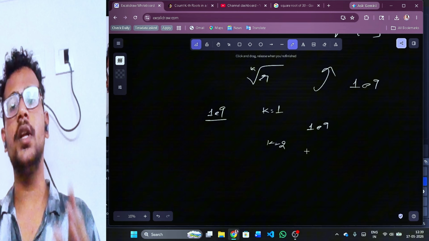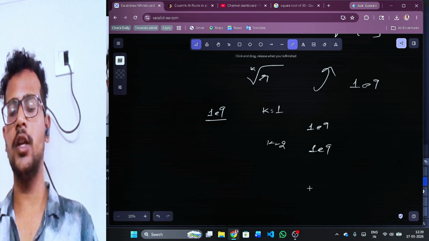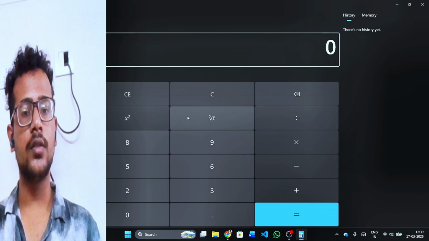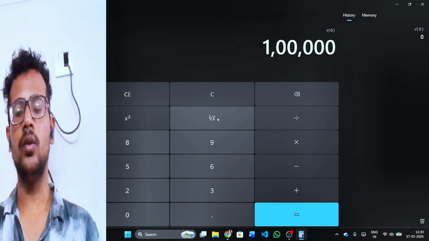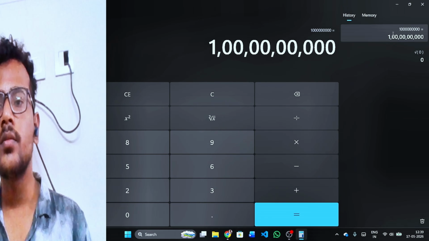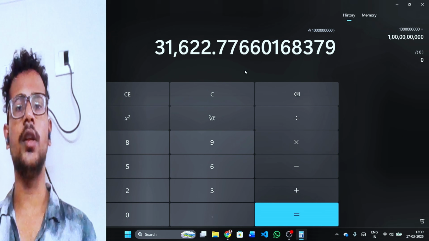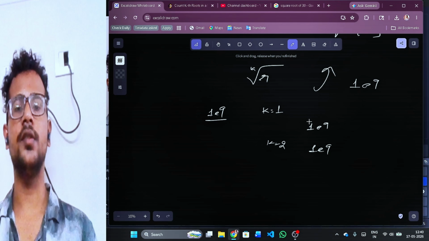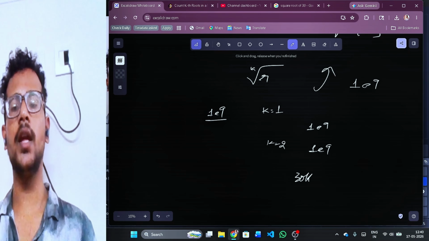We are reducing it. Let me just do the calculation. The kth root of 1e9 is about 31,000. Yeah, 31,000 is still less, right, for this algorithm. So the maximum I can go is about 30K iterations, right?